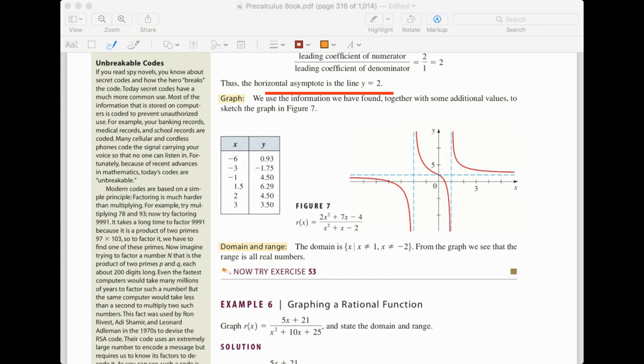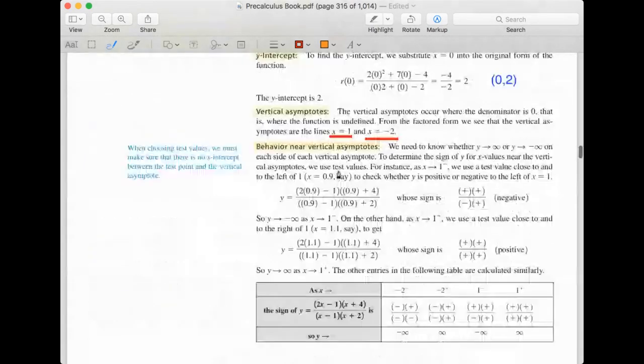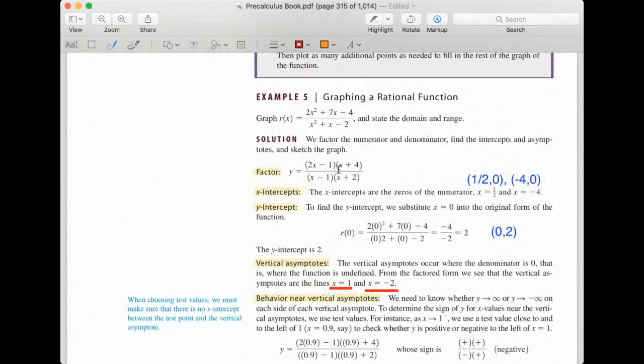Anybody has a question? Yes, Professor, I have a question. Can you go up a little bit, please? Here? Yeah, over there. Yes. How do you get the vertical asymptote as x equals 1 and x equals negative 2? Because remember, how do we find the vertical asymptotes? By taking the denominator to be 0.